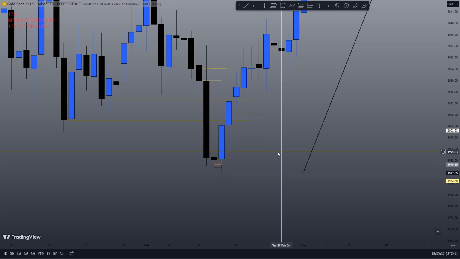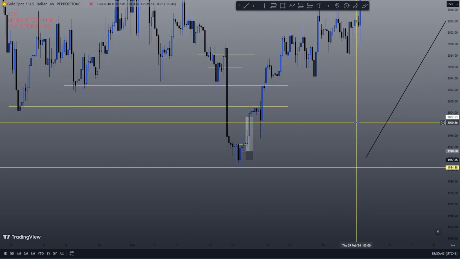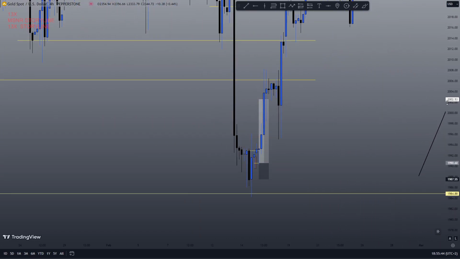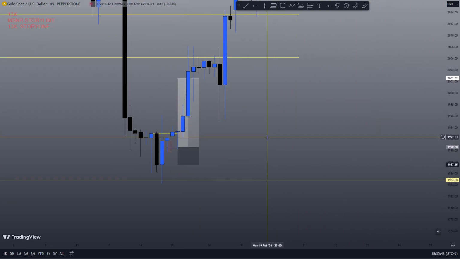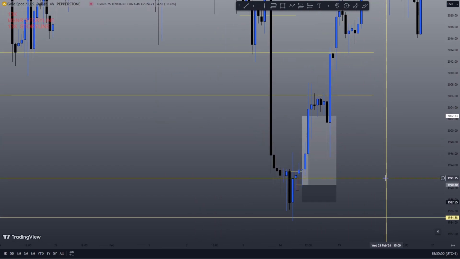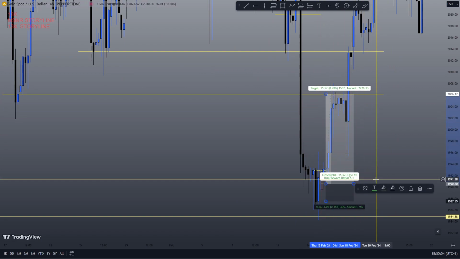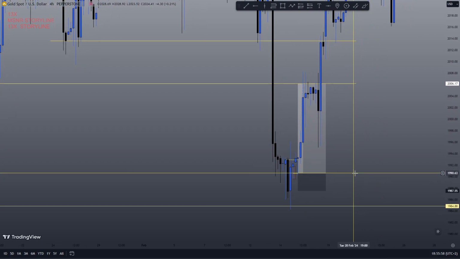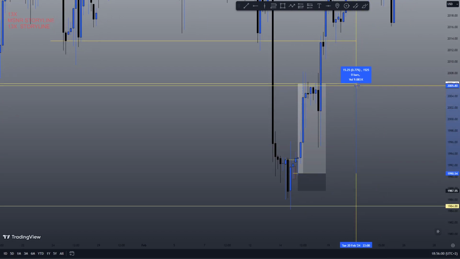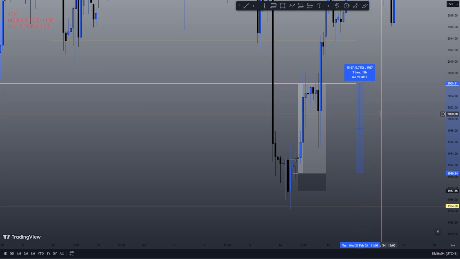Let's go on H4. As you can see here, our first target is at 50 pips.